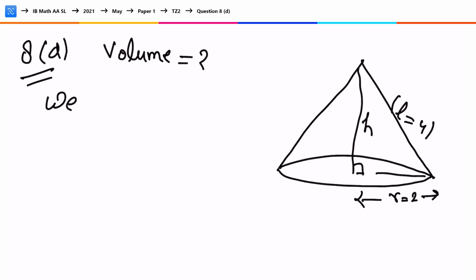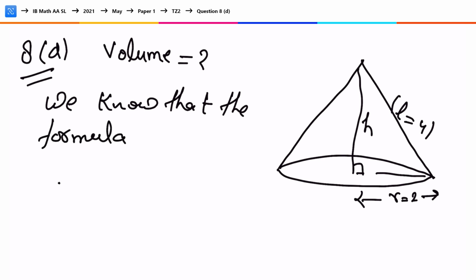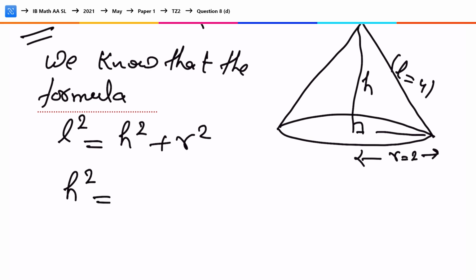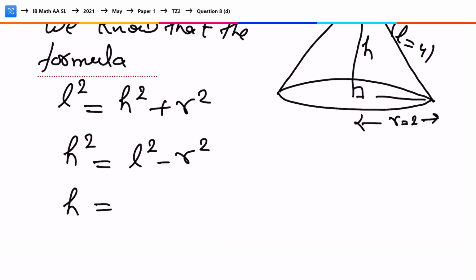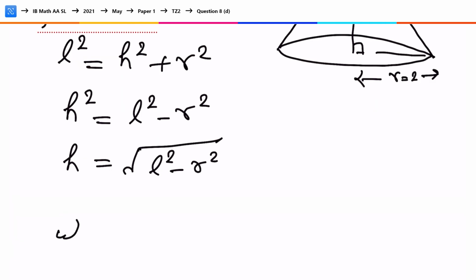We know that the formula for the slant height squared, L squared, is equal to the height squared, h squared, plus the radius squared, r squared. So h squared equals L squared minus r squared, which means h equals the square root of L squared minus r squared. Given that L equals 4 and r equals 2, we can substitute these values into the equation.